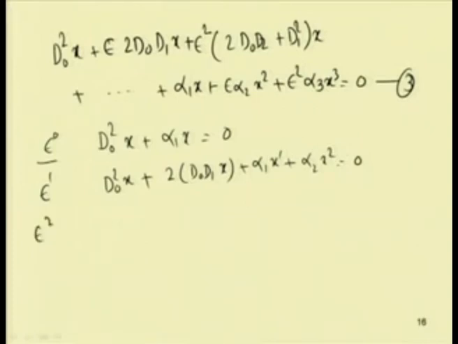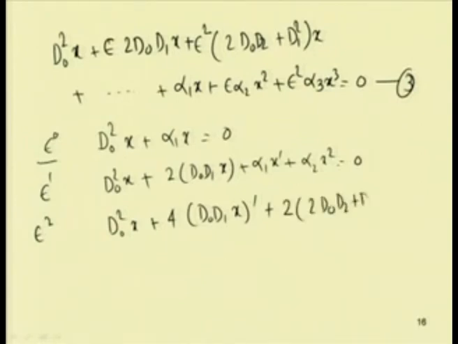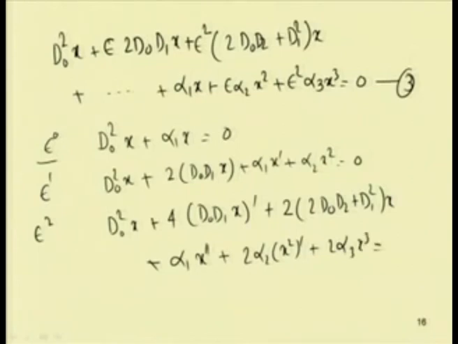Similarly, order epsilon squared can be written as D0² x plus 4 D0 D1 x' plus 2 into (2 D0 D2 plus D1²) x plus alpha 1 x'' plus 2 alpha 2 x² ' plus 2 alpha 3 x³ equal to 0.